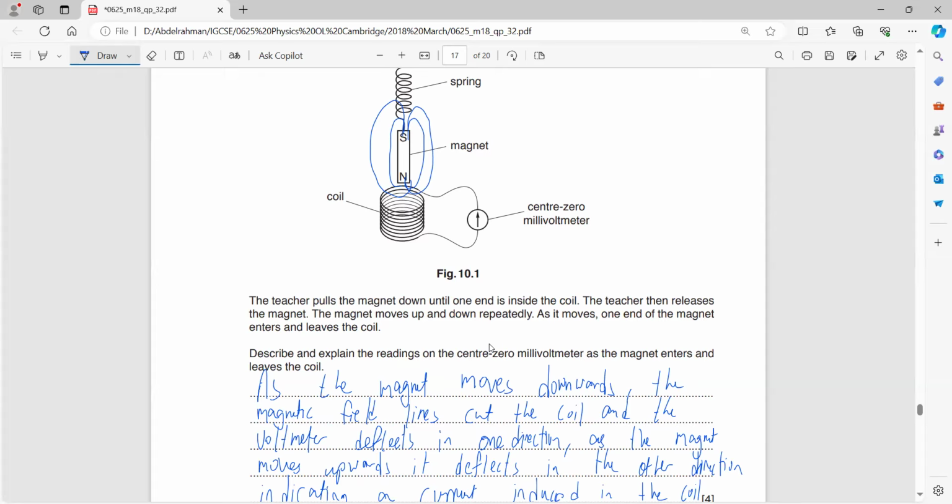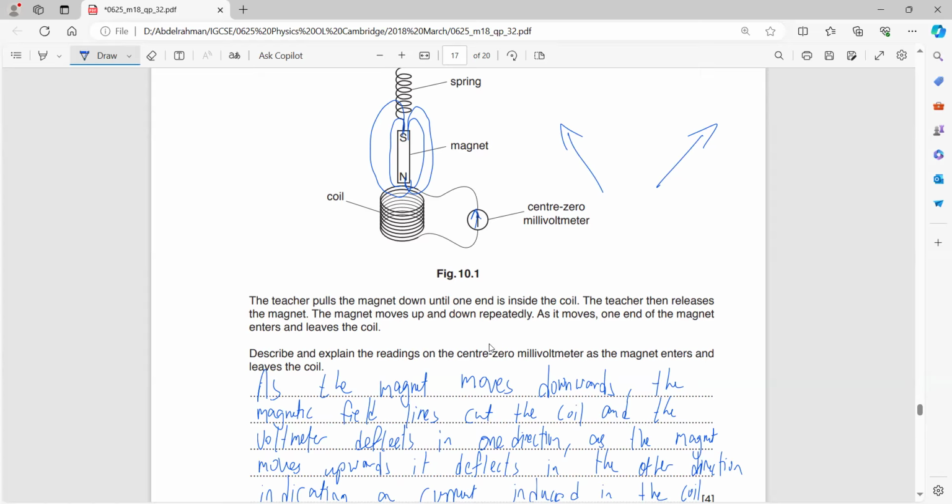As they pass through the coils, a current is induced in the coil. What do I mean by induced? The current is created, generated in the coil. Whenever you have a current generated in the coil, the voltmeter starts to deflect. Initially, the voltmeter was reading zero. When it deflects, it could deflect to the left or to the right, indicating a current is passing through the coil.